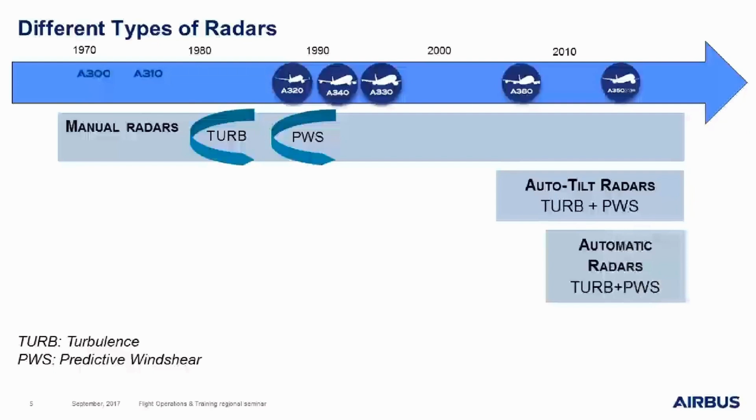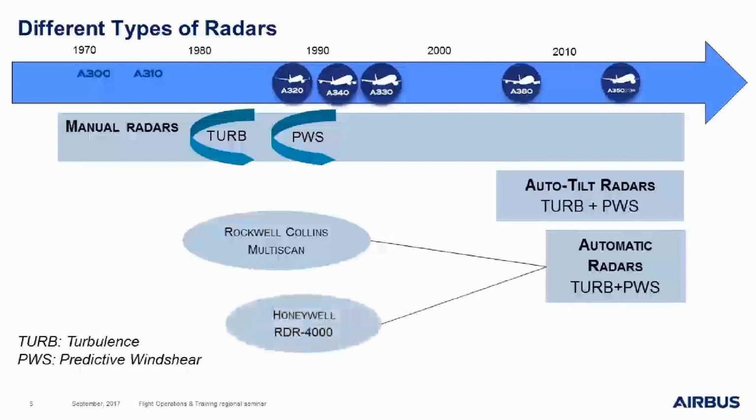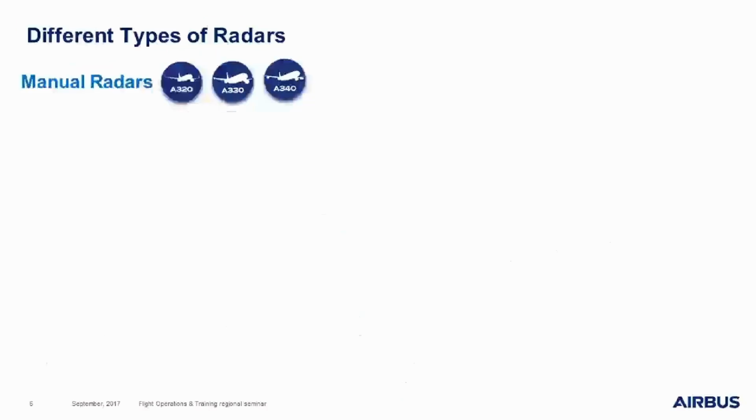Then, a few years later, Honeywell and Rockwell Collins started to work on some concepts of automatic radars: Rockwell Collins Multiscan, Honeywell RDR 4000, and Honeywell A380 and A350 radars. Let's have a look at these different types of radars and the way they work.